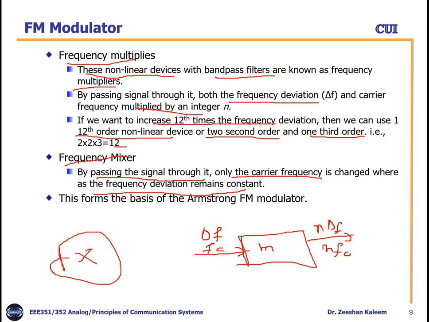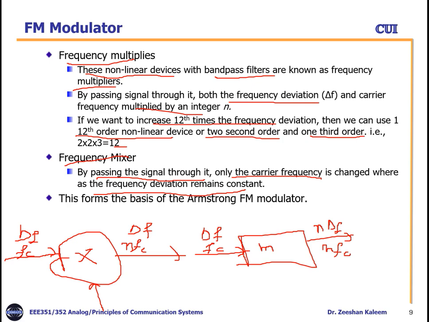When the signal is input here with delta F and FC, you have the same delta F at the output, but the carrier frequency will be changed. So in a frequency mixer, the deviation remains the same, but the carrier frequency changes. However, in a frequency multiplier, both the deviation and the carrier frequency change.